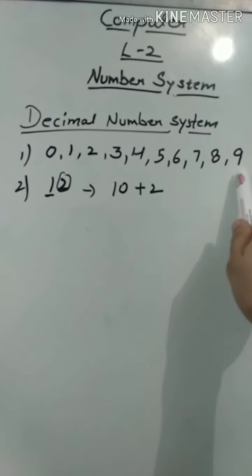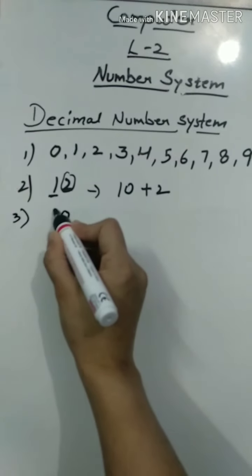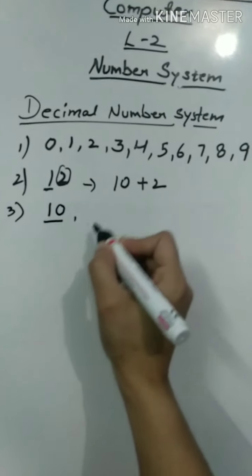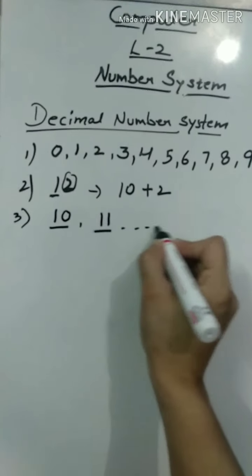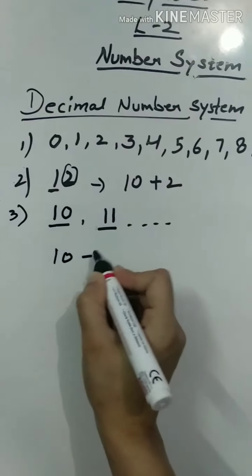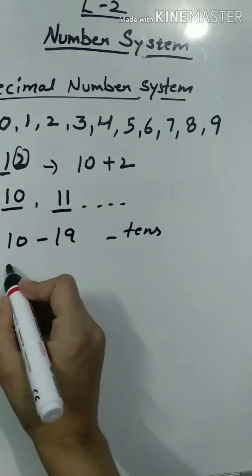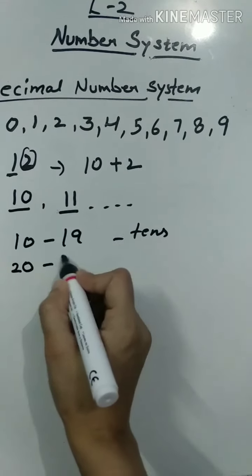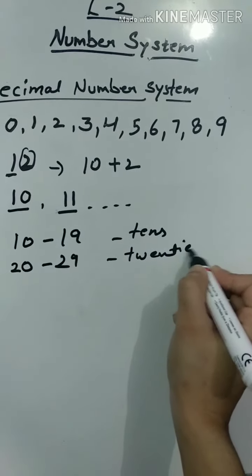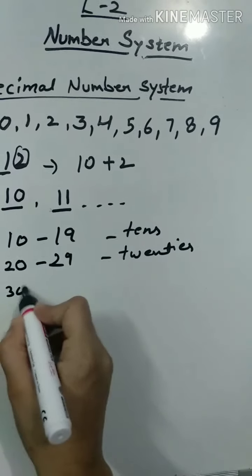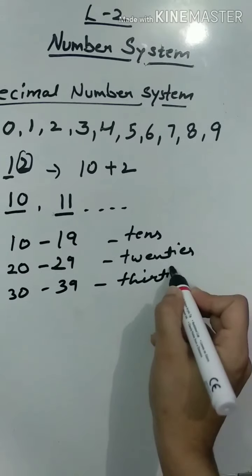For a number greater than 9, we have to put 0 at the right of 1 to get 10. And next we put 1 at the right of 1 to get 11, and so on. 10 to 19 are called tens. Numbers 20 to 29 are called 20s. 30 to 39 are called 30s.